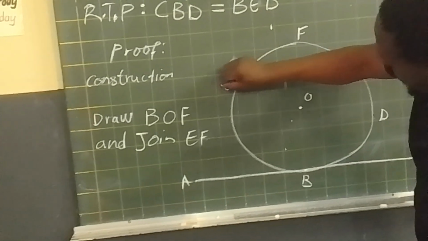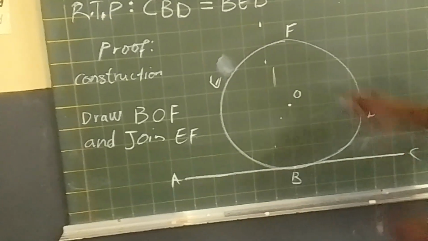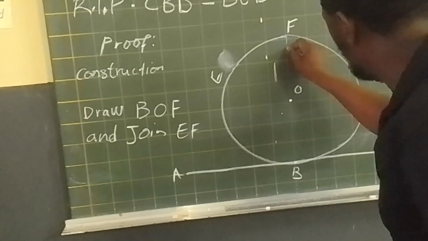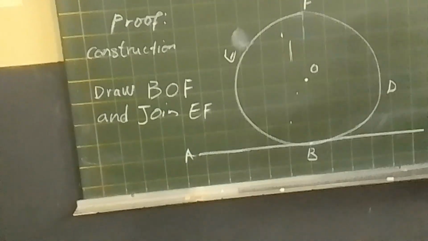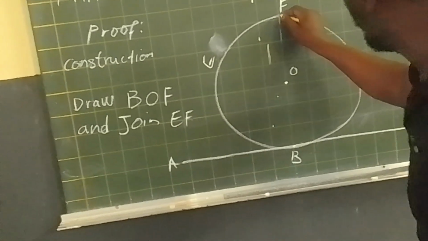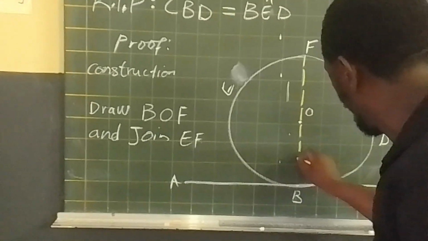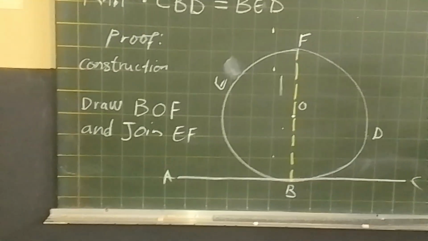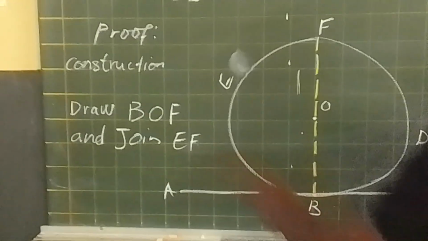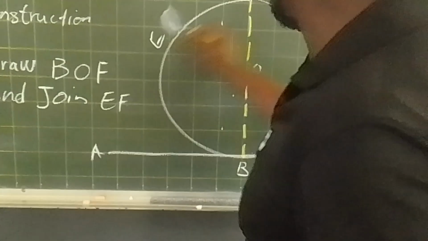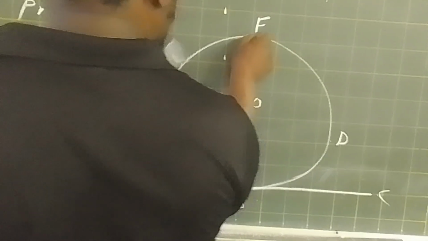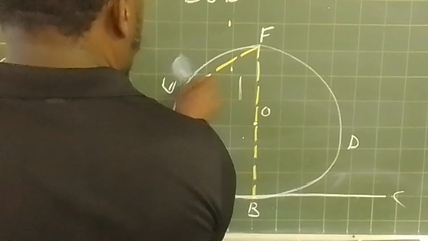We are going to join B, O, F. There is your BOF, and join EF. We are joining EF.